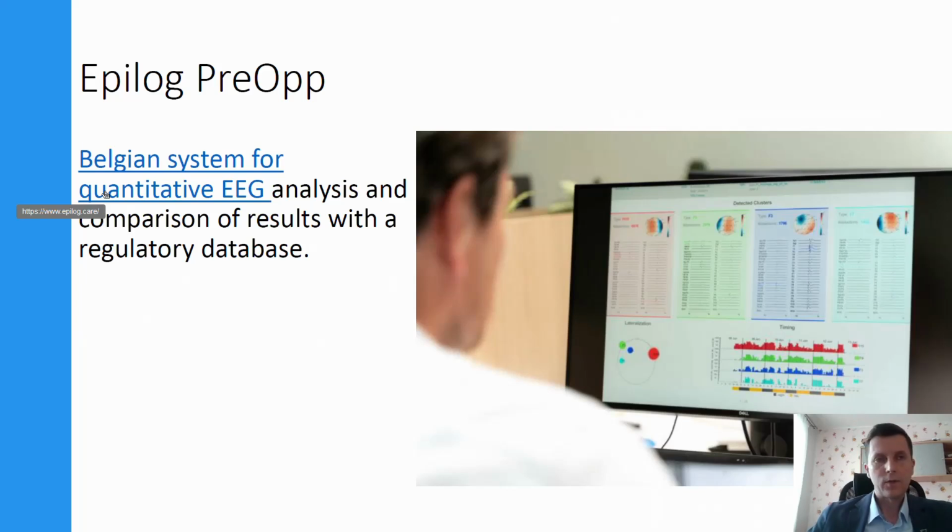Another kind of software is Epilogue Pre-Op. It's a Belgian system, which can also calculate and compare your EEG with a normative database and give some treatment recommendations for these patients.